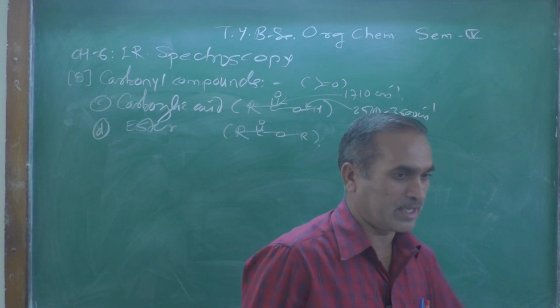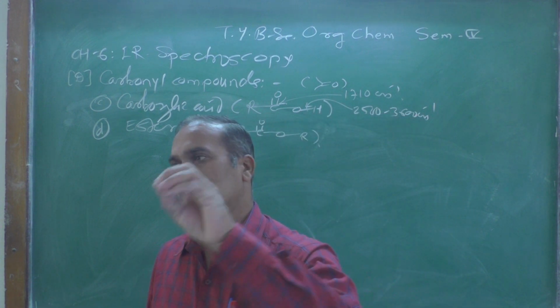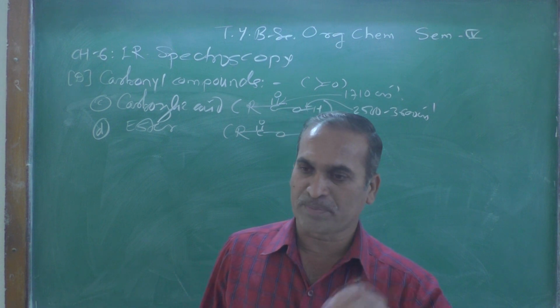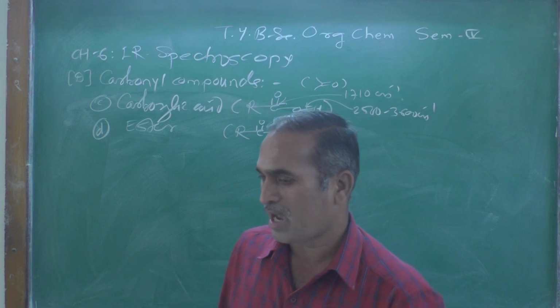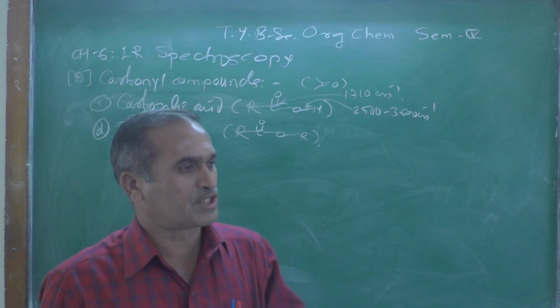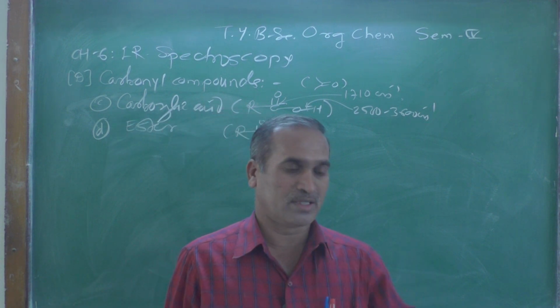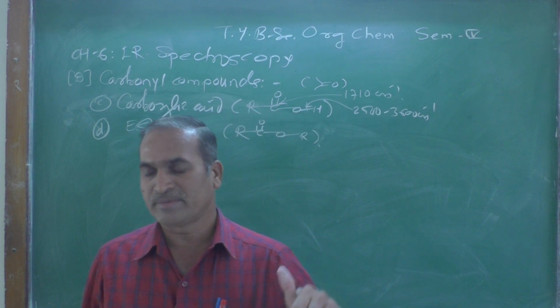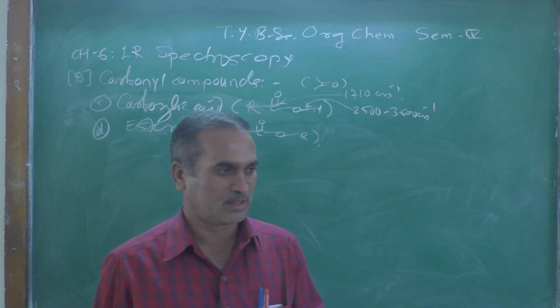This clearly indicates that this peak is observed due to the hydroxyl group which is present in the acid, and these protons are responsible for acidity, which I already explained in my previous lecture.